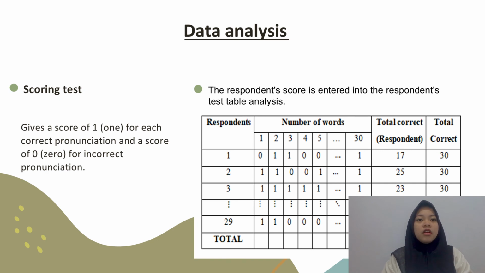Then, score the respondents and turn them into the respondent test analysis table. The average score: to calculate the error that occurs, use the following formula. X equals correct pronunciation divided by total pronunciation, times 100%.